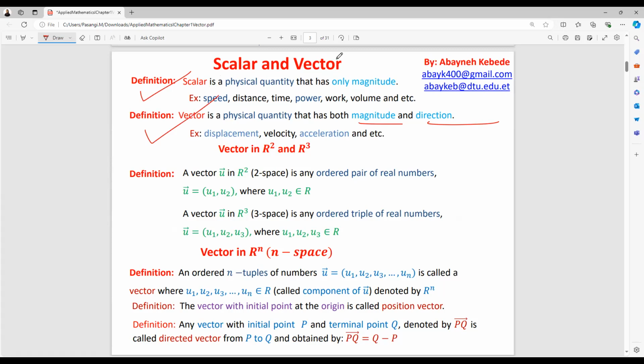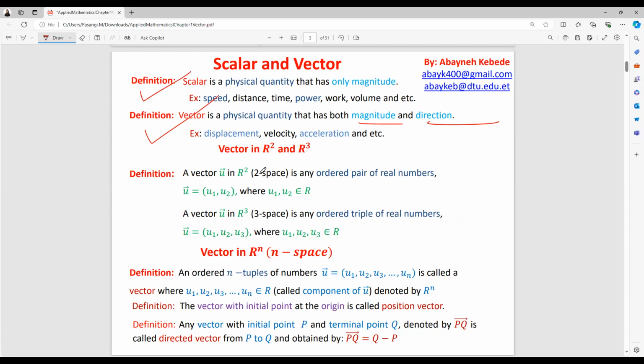Now we are talking about vectors in R squared and vectors in R cube. What does that mean? R squared and R cube mean here we are talking about the planes where these vectors lie. So the first definition is a vector U in R squared. Tell me whether it's a 2D plane or 3D plane.